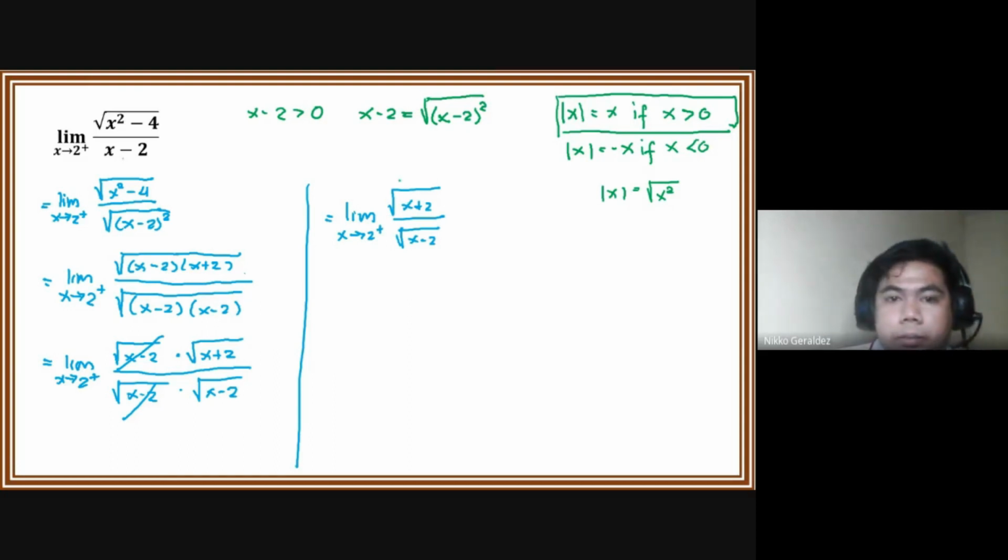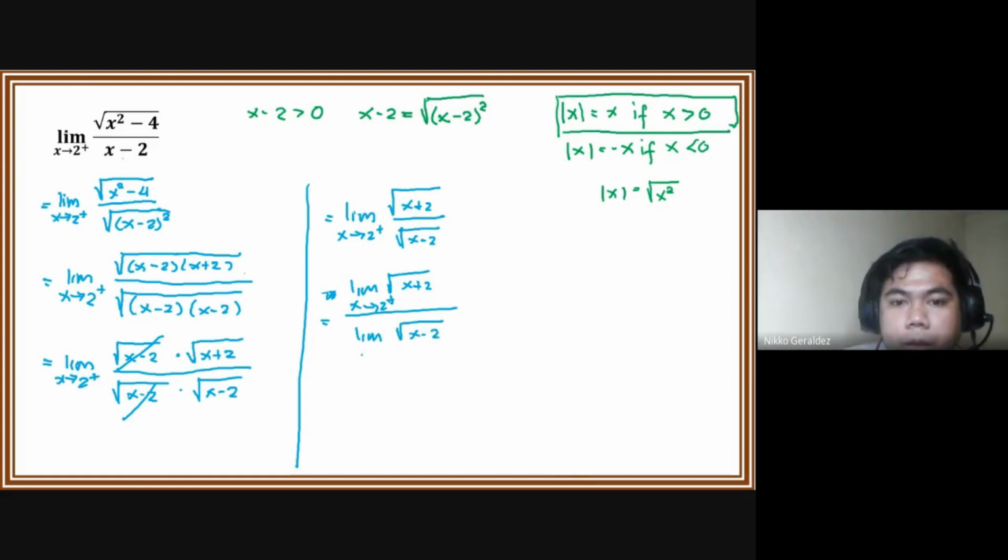Then limit, so equal to limit of square root of x plus 2 as x approaches 2 from the right over limit of square root of x minus 2 as x approaches 2 from the right. Ayan.